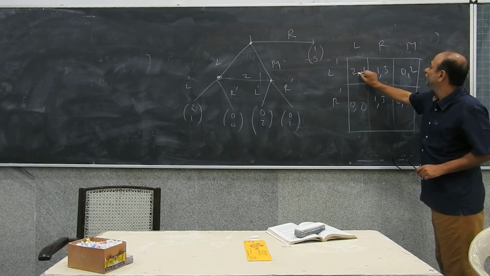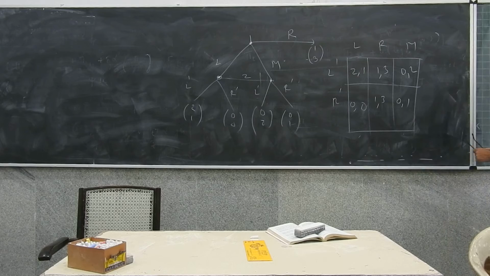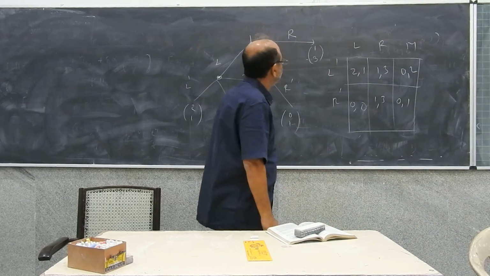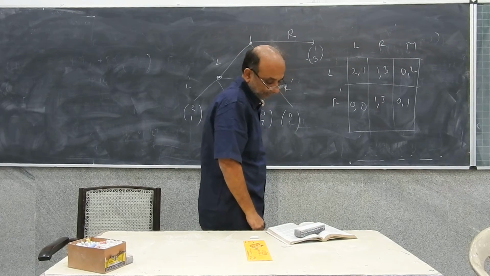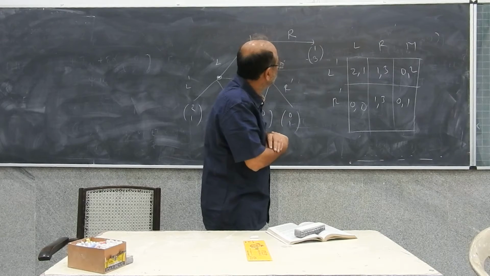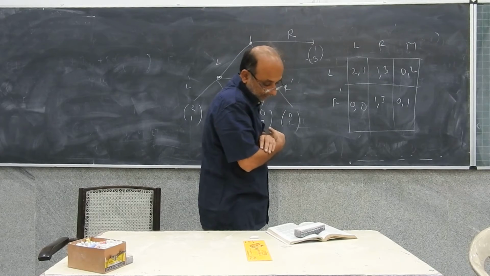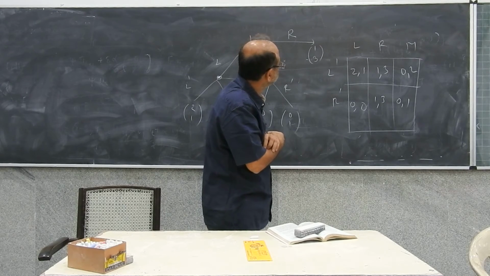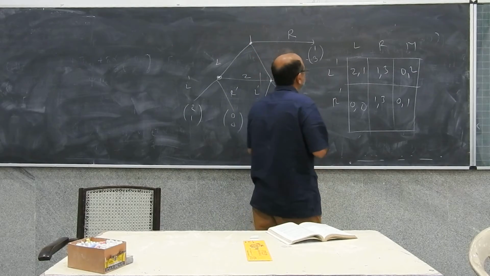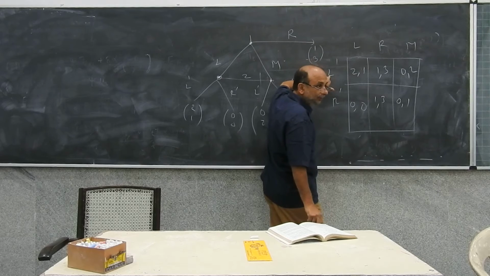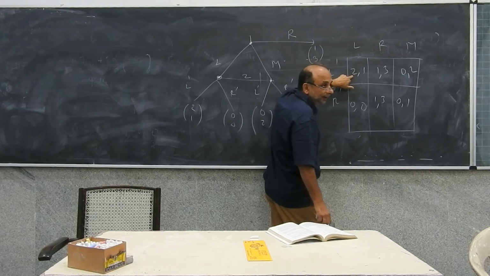This is what player 1 gets, this is what player 2 gets. Two, 1. Or let's write it like this, okay? Because traditionally you represent L dash payoffs here, so that's why you're finding it difficult.